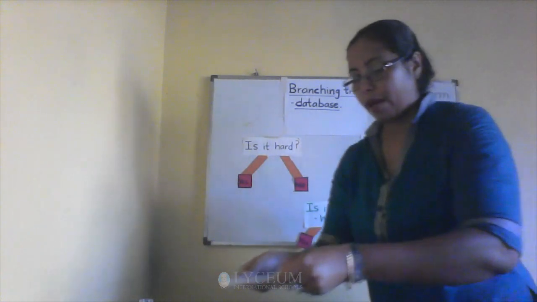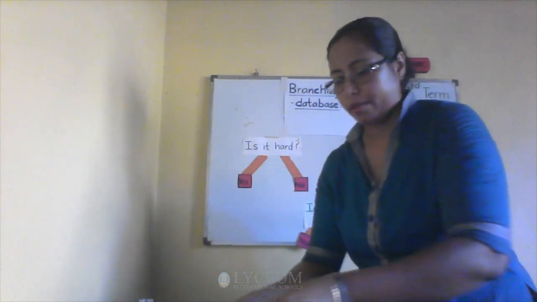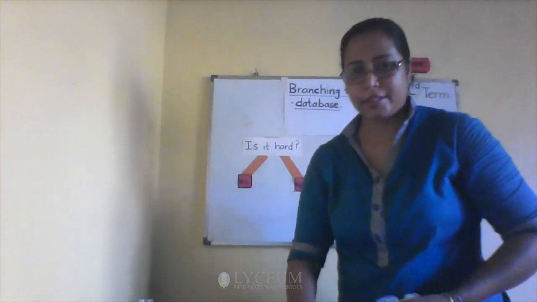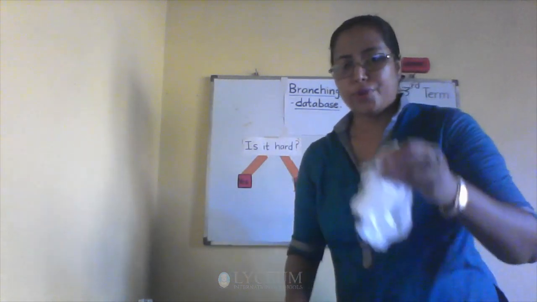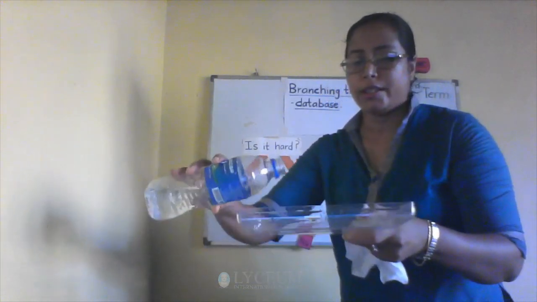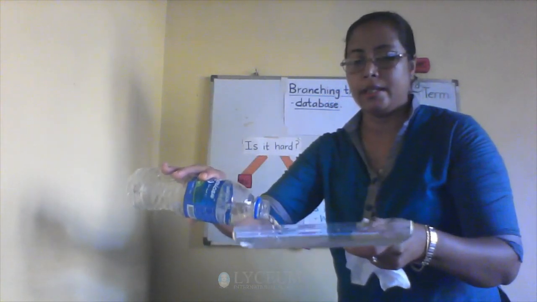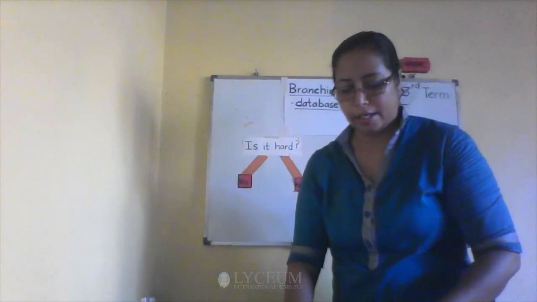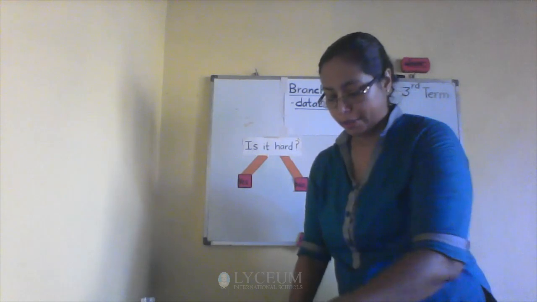Then I'm going to take the next object. Now I need a tray like this, and I'm going to use a tissue for this. I'm going to pour some water into this tray like this. Before I place the tissue, I need to do something very quickly.